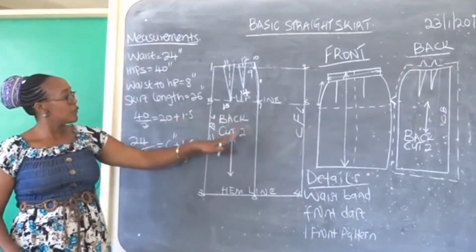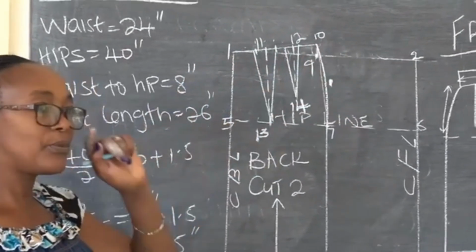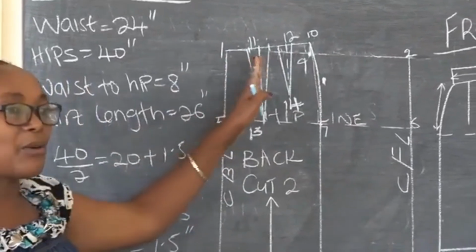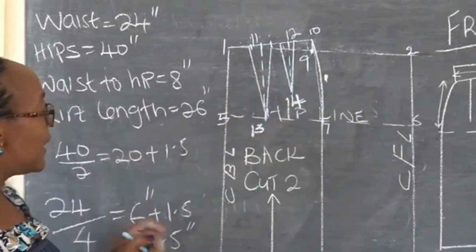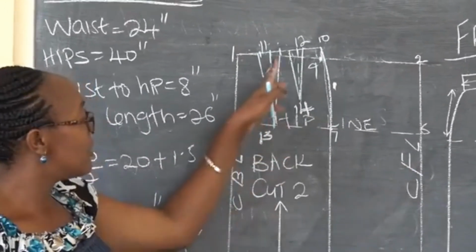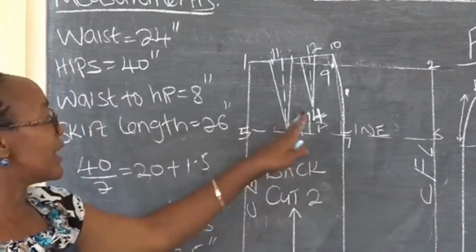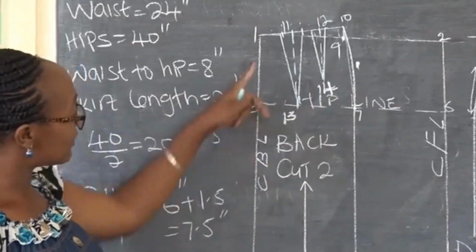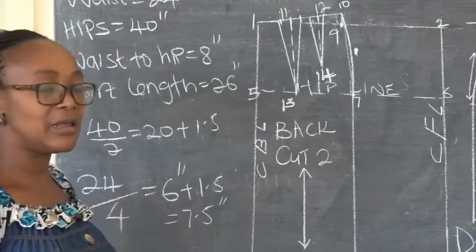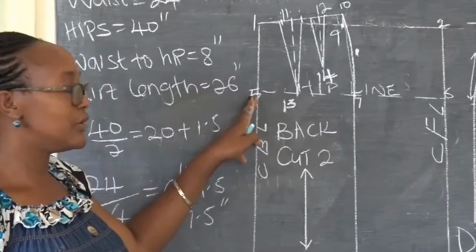Here we are, we've got the waist. From the waistline, you divide it by 4. You give it an allowance of 4.25 centimeters for the darts. Each dart at the back, the first dart is 14 centimeters. The second dart is 12.5 centimeters. Our skirt length is 26 inches. Waist to hip, 8 inches.